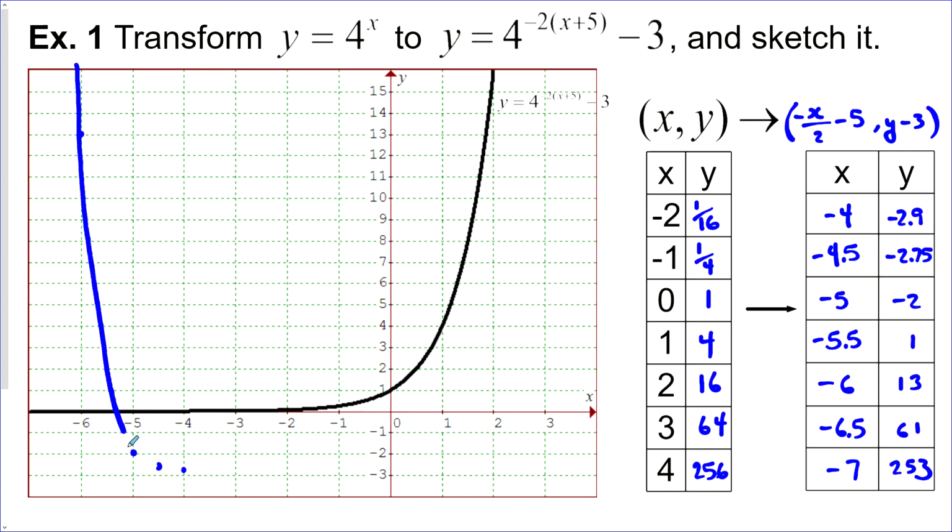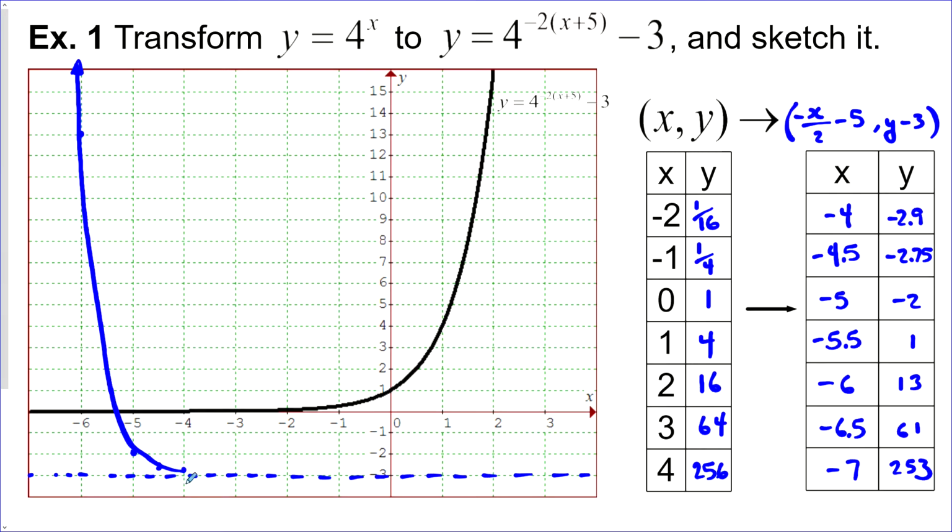Now, all exponential functions have horizontal asymptotes. So we can see that this horizontal asymptote before anything happened was at y equals 0. And if we move the whole thing down 3 units, our new horizontal asymptote will be at y equals negative 3. And that will just help us draw the rest of the graph.